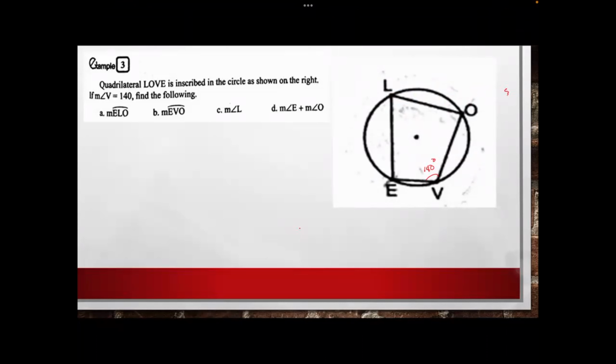Now, ano yung nasa harapan ng angle V? Ano yung endpoint niya? So, meron tayong endpoint na letter O at saka letter E. So, yung chord niya, ito. At saka ito yung isang chord niya. Now, 140. Now, what will be our arc ELO?